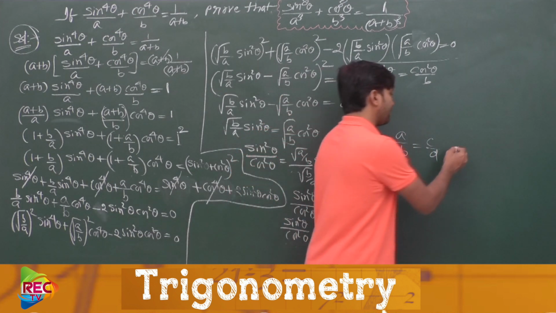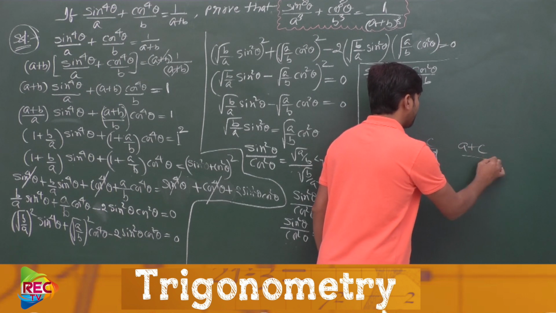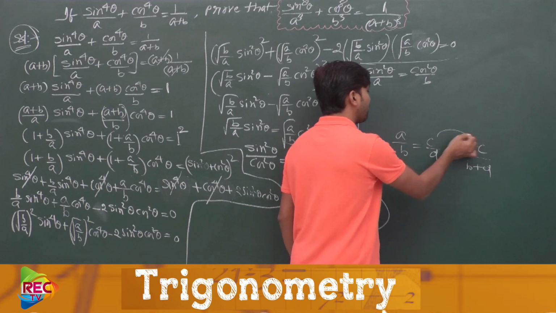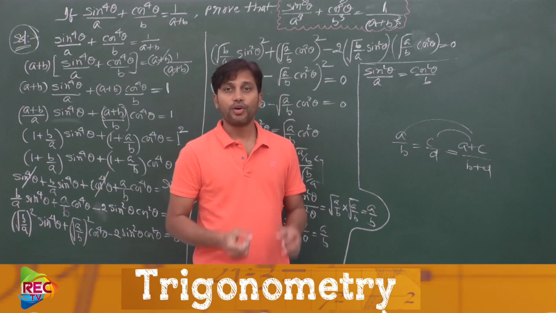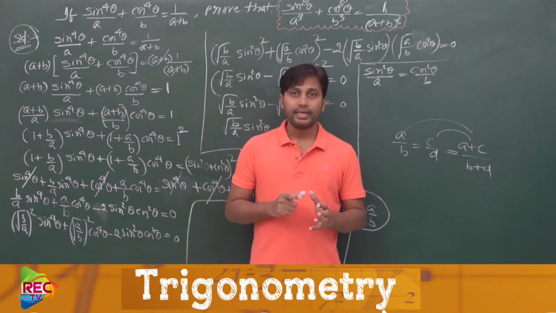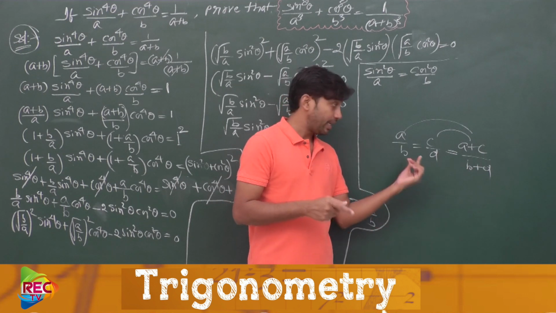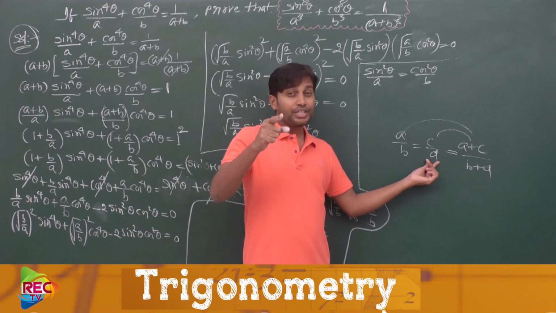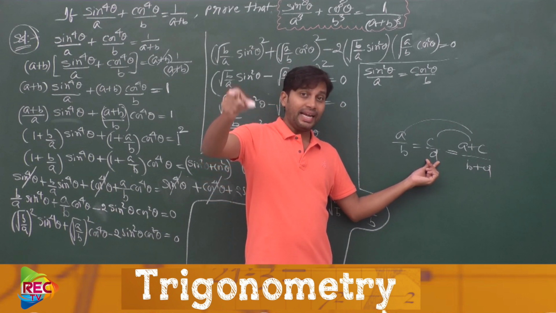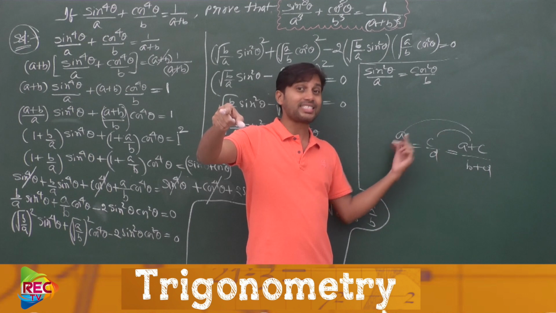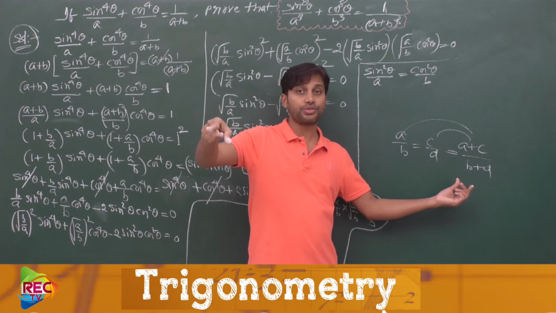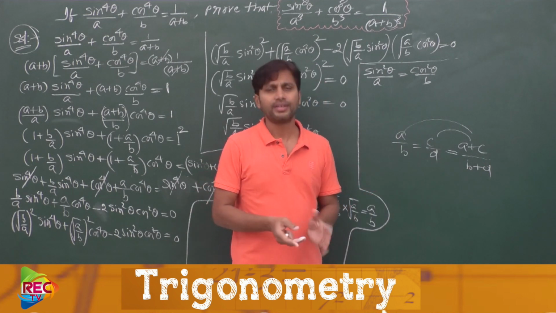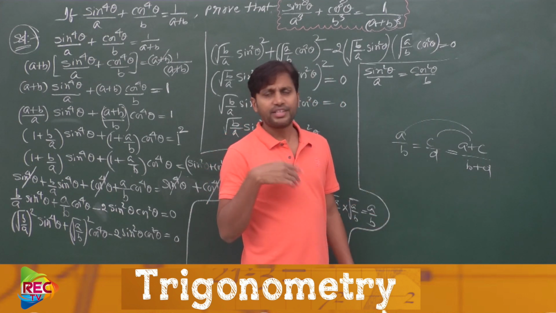Then take the sum of antecedents, a plus c, and the sum of consequents, b plus d, and the ratio of this would be equal to each one of them. For any two or more equal ratios, the ratio between the sum of the antecedents and the sum of the consequents will also be equal to each one of the given ratios. Understood or not?